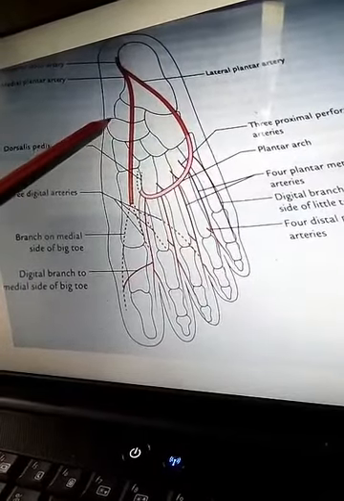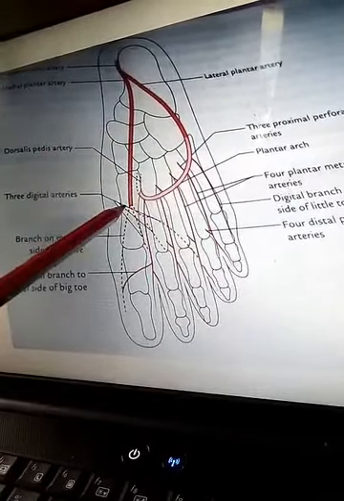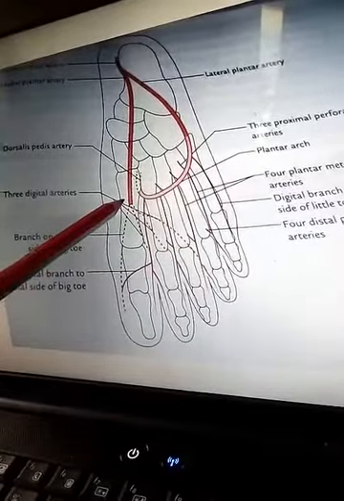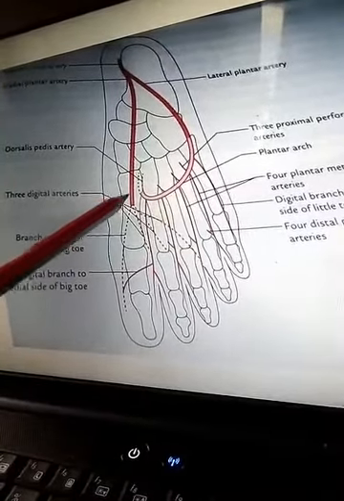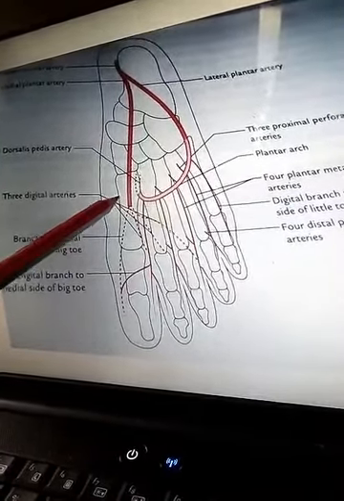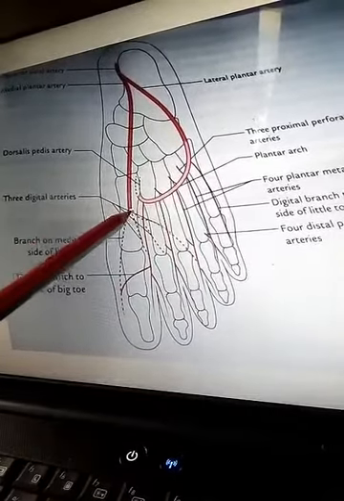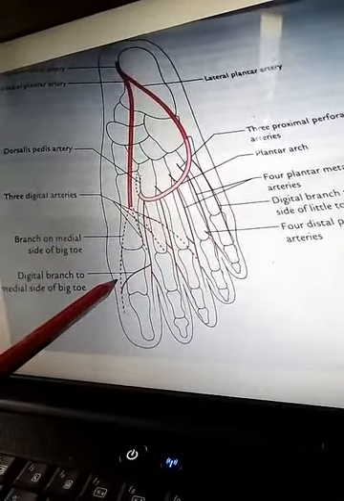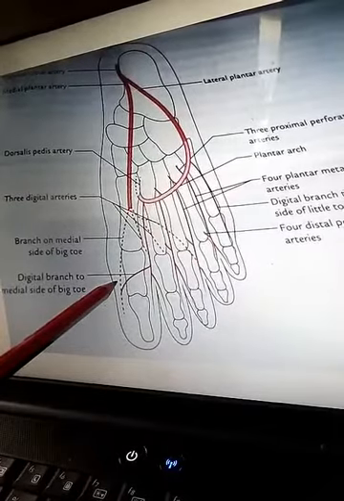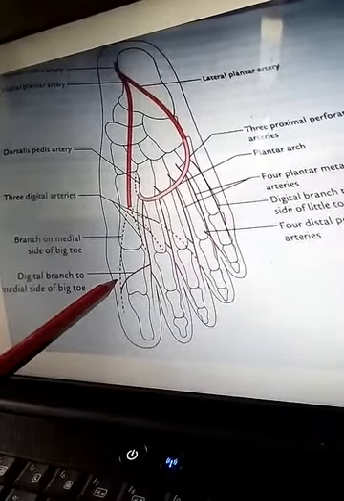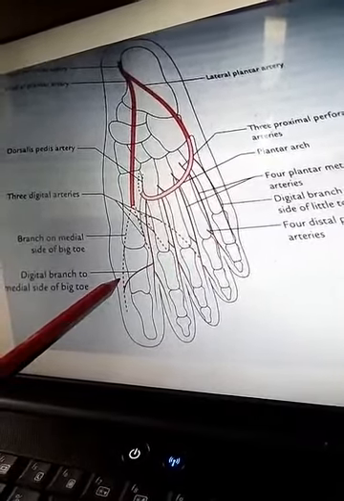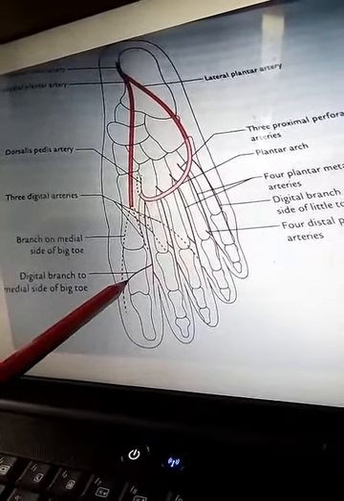It terminates on the medial side of the big toe by dividing into 2 branches. A small branch which passes distally along the medial side of the big toe and anastomoses with the digital branch of the first plantar metatarsal artery on the lateral side of the big toe.